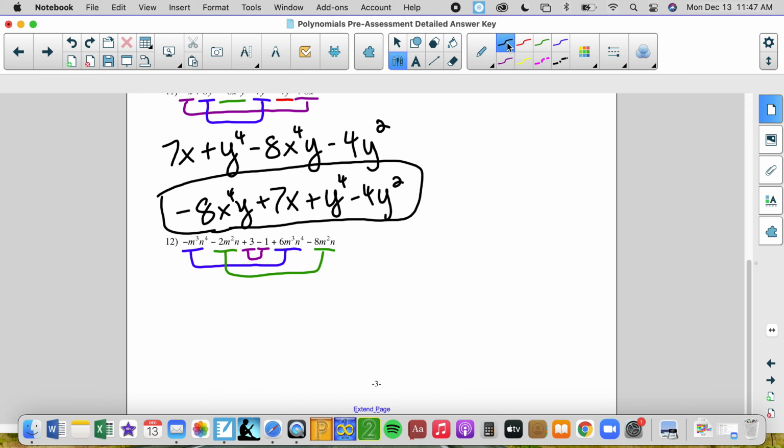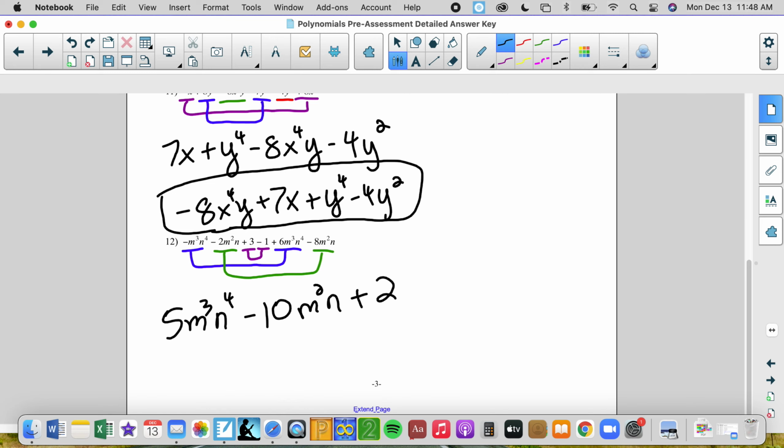So now we're looking at coefficients. Negative 1 m to the third, n to the fourth, and positive 6 gives me 5 m to the third, n to the fourth. Now we're looking at the green ones. We have a negative 2 and a negative 8, which makes negative 10 m squared n. And then we have positive 3 and negative 1, which makes positive 2.